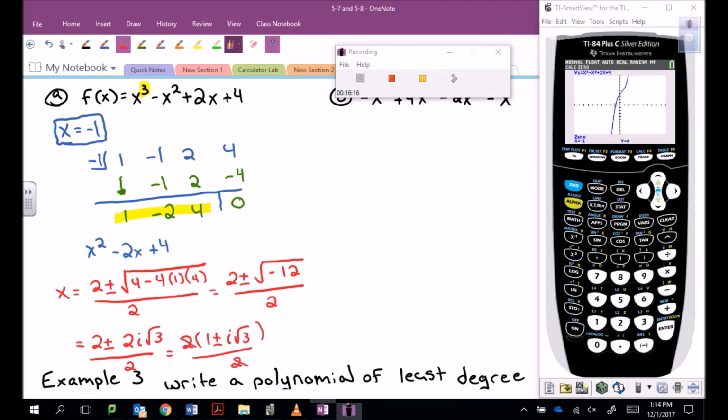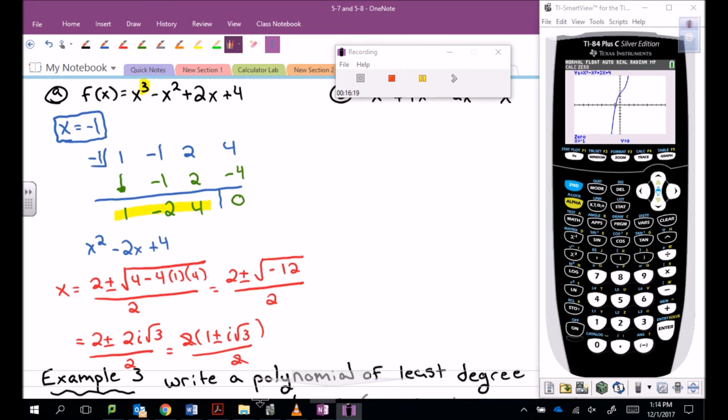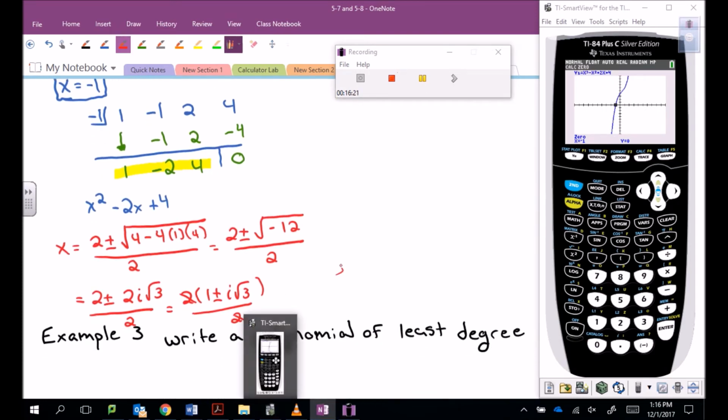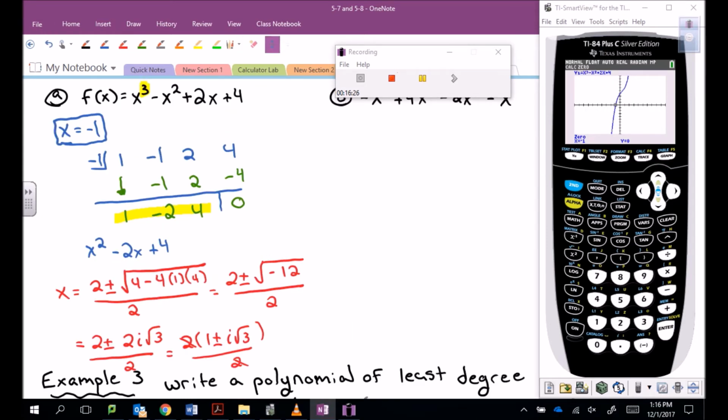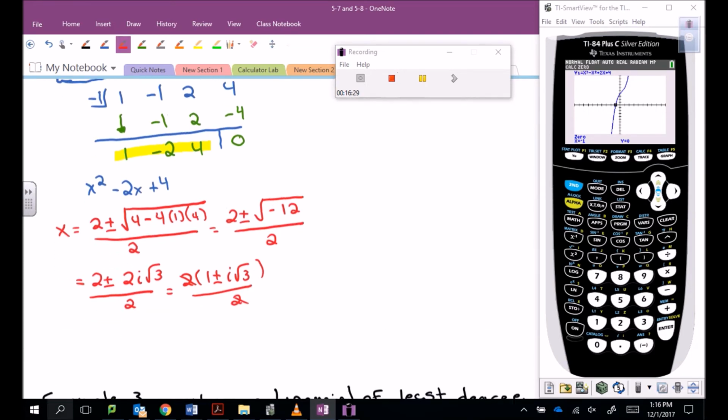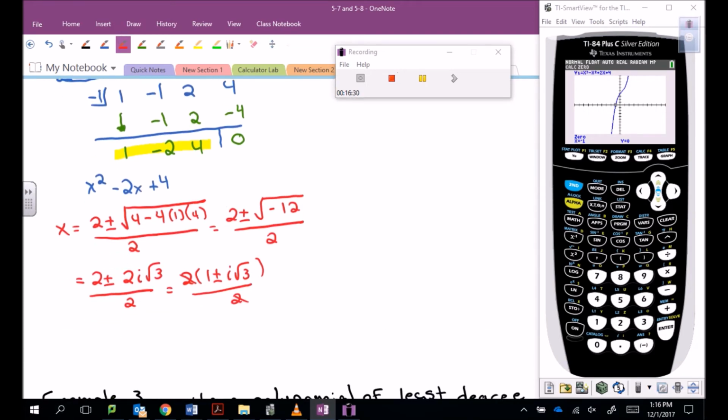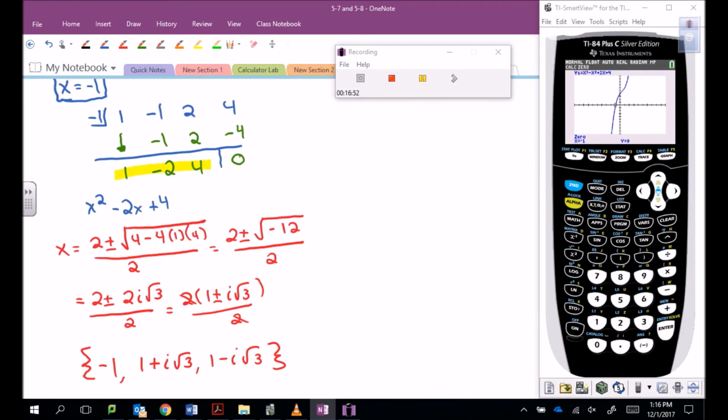So we're going to say that our answer is going to be my -1 that I found using the graphing calculator, and then 1 plus i square root of 3, and then 1 minus i square root of 3. And again, it was a cubic, and we needed to get 3 answers.